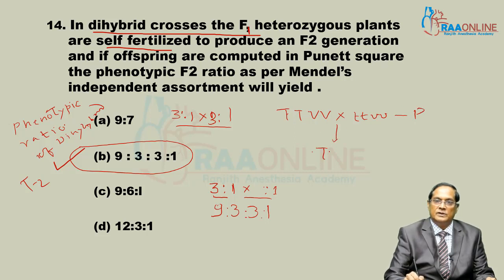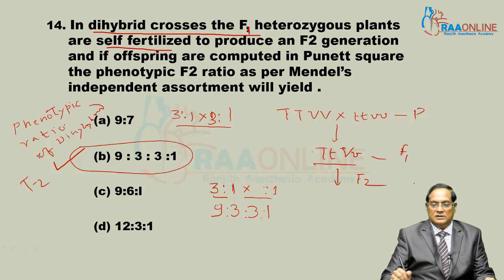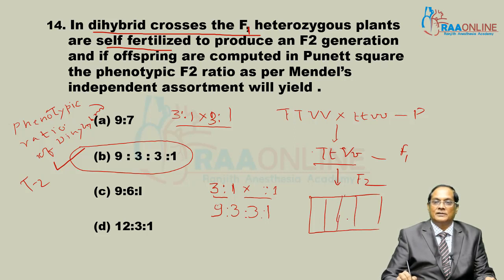Then see the F1 plant, hybrid for both the traits. Then selfing is done, so you will get the F2 generation. In that case, you have to make the entire checkerboard comprising 16 boxes and analyze each one.